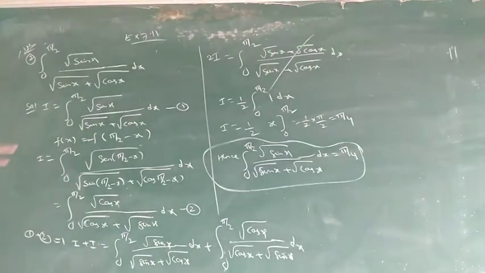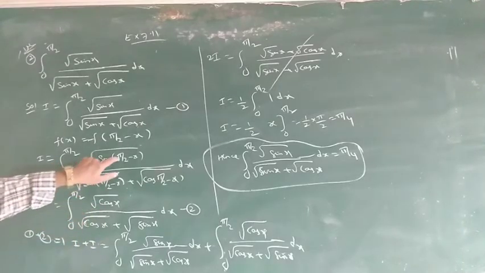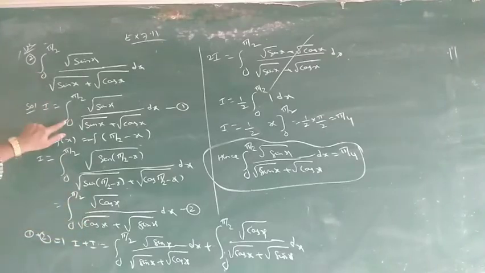So a minus x is pi by 2 minus x. Apply a minus x in the given function. After reducing, we get root cos x by sin 90 minus cos. This is equation number 1. After reducing equation number 2, add both I's.